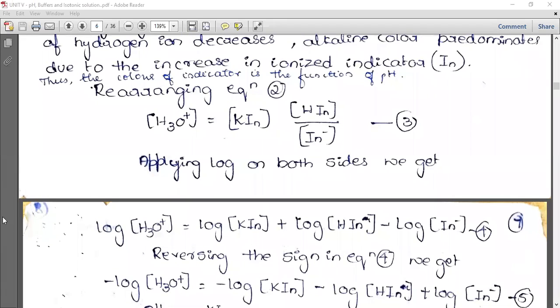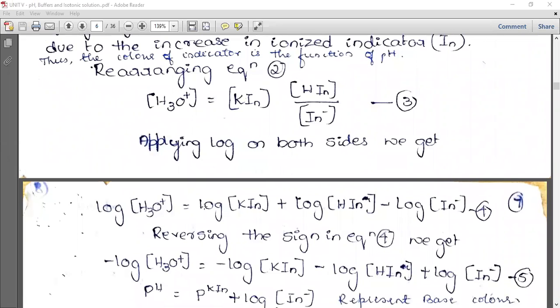What we do later is change the sign of this. We are reversing the sign. So what do we get? Here it is plus, so it becomes minus log of H3O plus is equal to minus log of KIN and minus log HIN plus log IN minus. Is it clear? We are just reversing the sign, or multiplying the whole equation with minus.